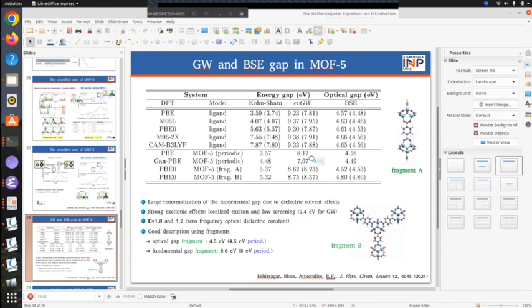For example, 8 and 4.5, to be compared with how this difference compares for PBE0, without embedding and with embedding. I was looking at the top series of columns, but it goes for the ligand, and it also goes for the whole MOF. It seems that the binding energy changes.